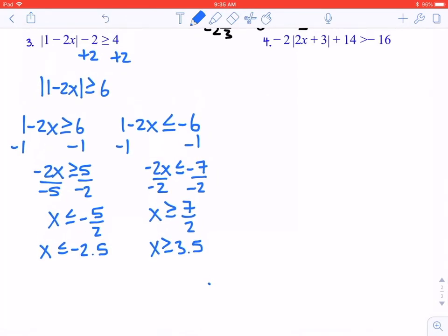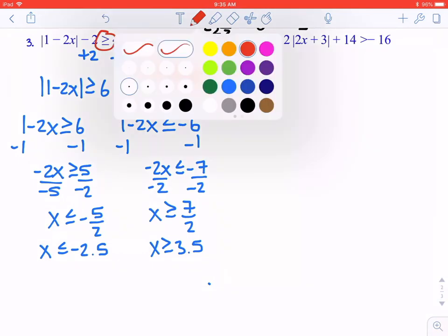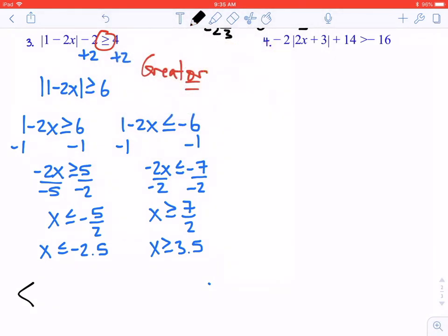So looking at our original symbol, it was a greater than sign. So our graph should look like an or graph. So let me grab my pen to make my number line. I'm going to put numbers that make good sense on my number line. So I've got 0 in the middle, negative 2.5 on the left, and 3.5 on the right.